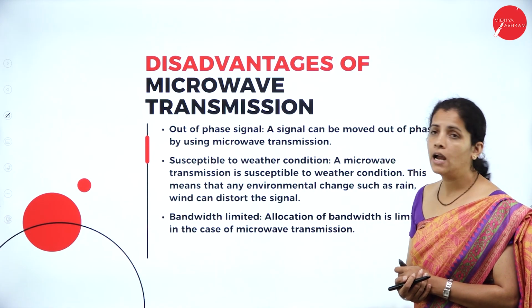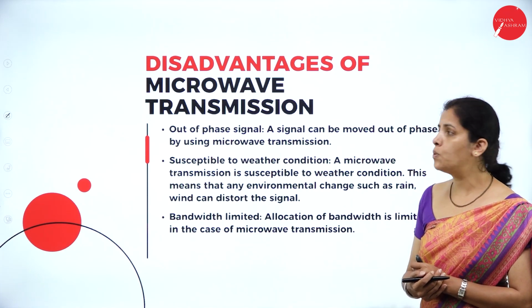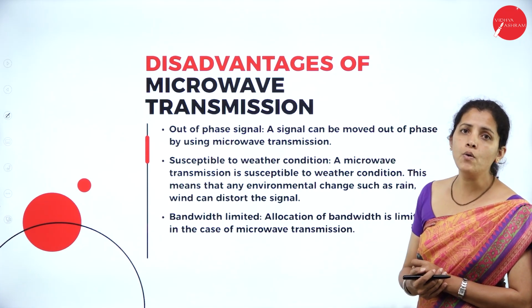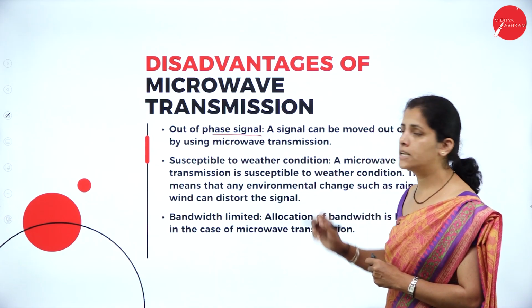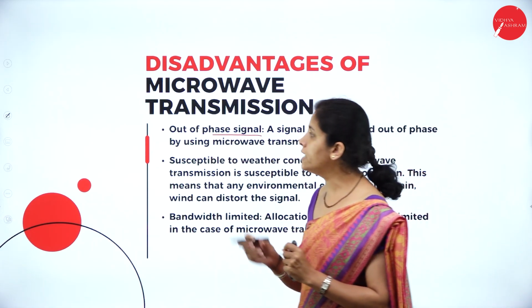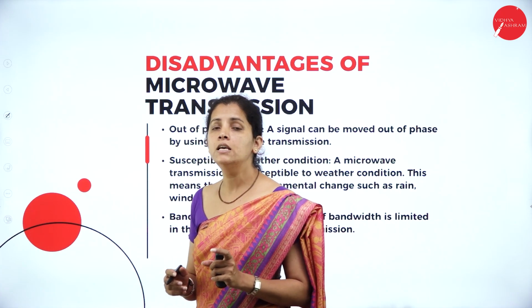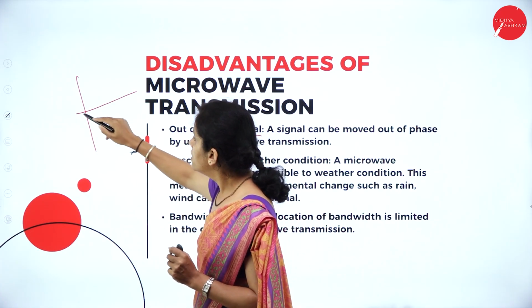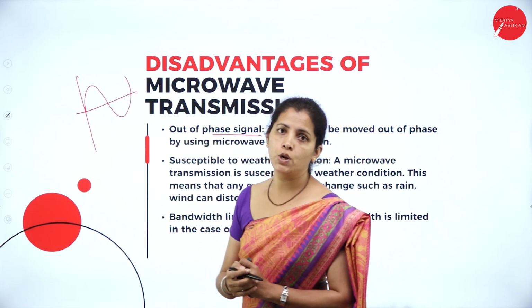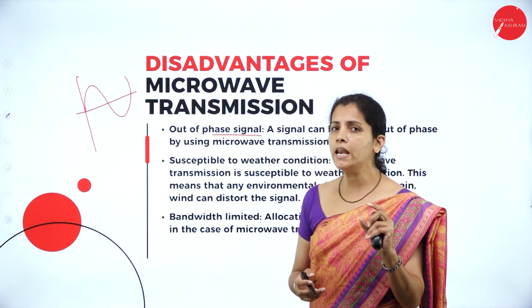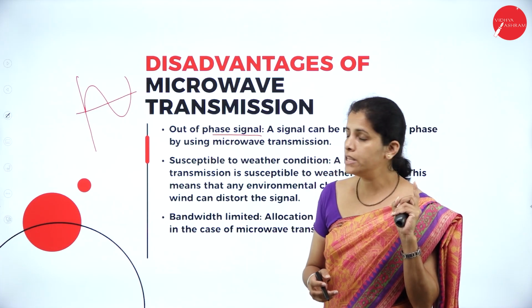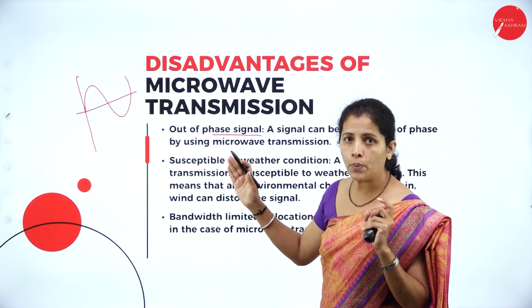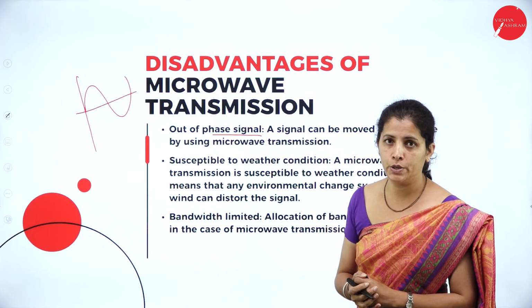Now dear student, I am going to cover the disadvantages. What is the disadvantage? Out of phase signal. If I consider any signal, this is my sine wave. Any wave must have phase, frequency as well as amplitude.